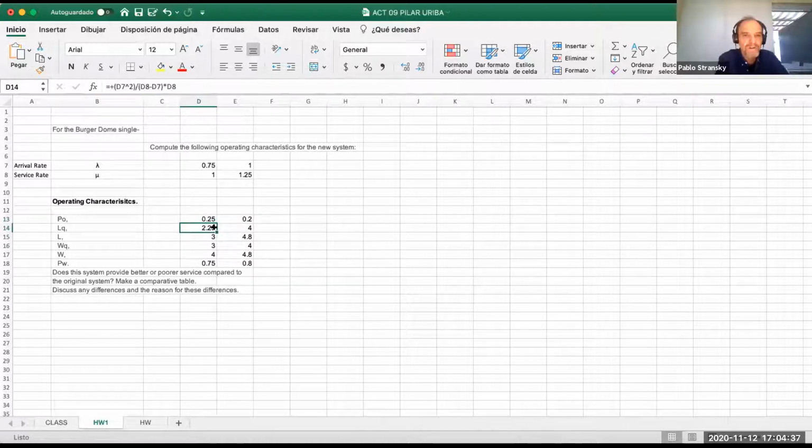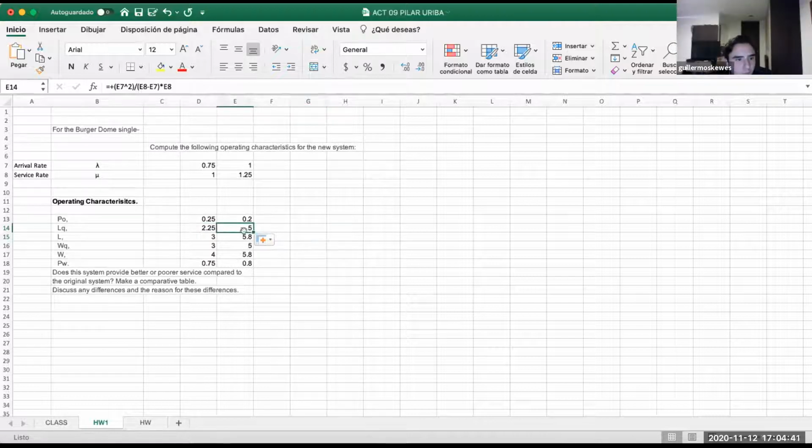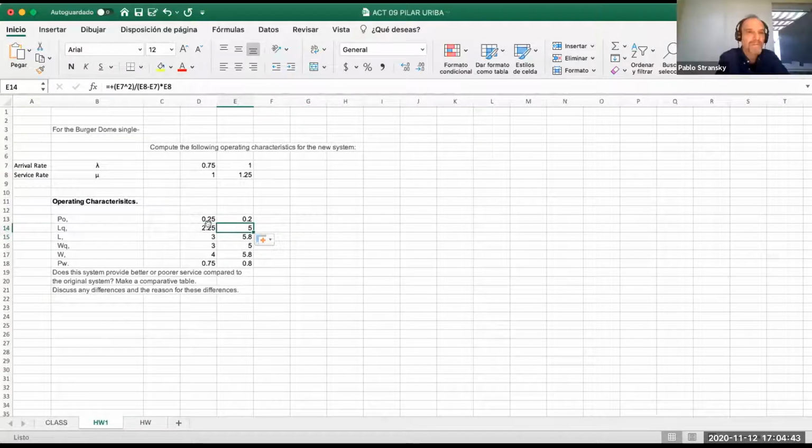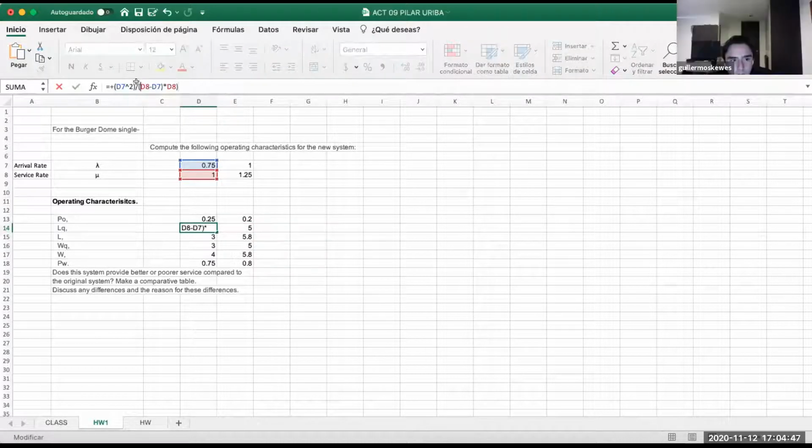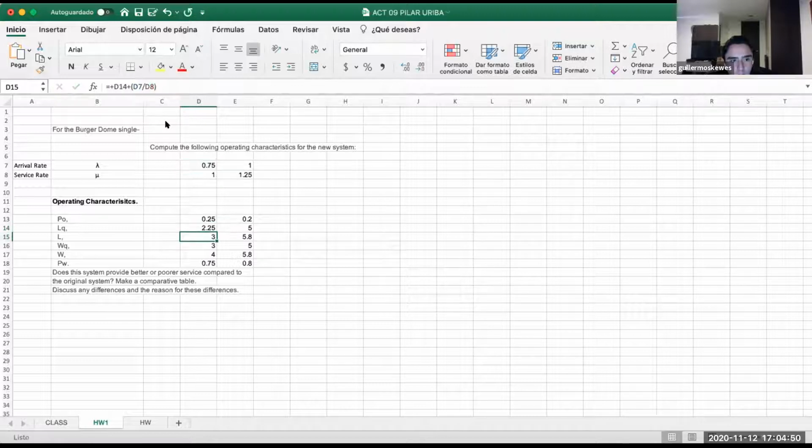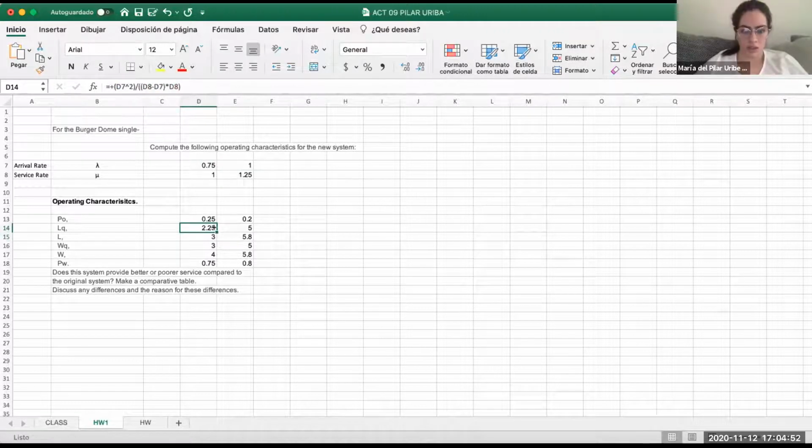Now copy the formula to the cell. You have to put the parentheses. It doesn't change.